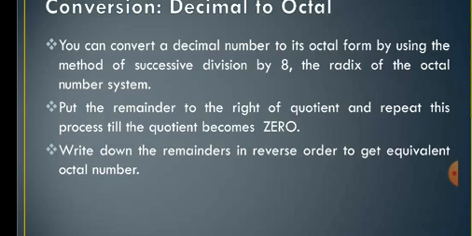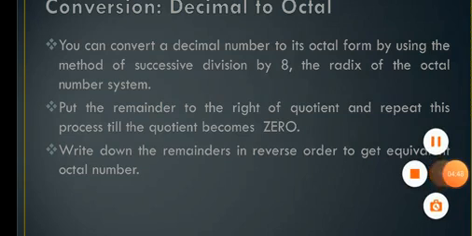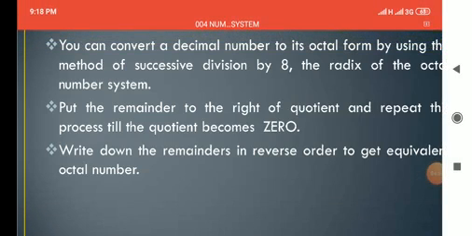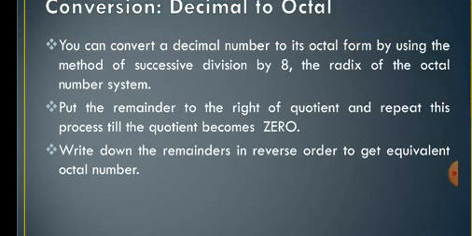You can convert a decimal number to its octal form by using the method of successive division by 8, the radix of the octal number system.